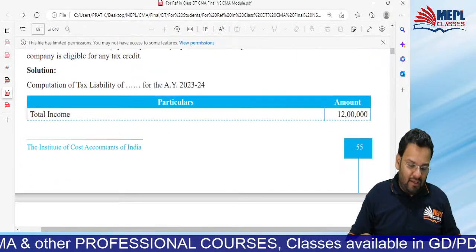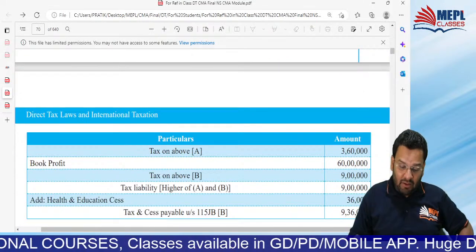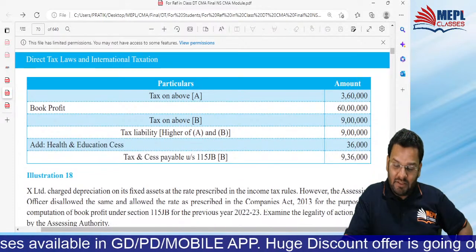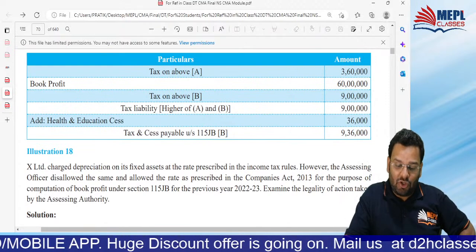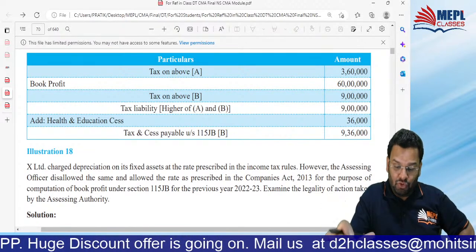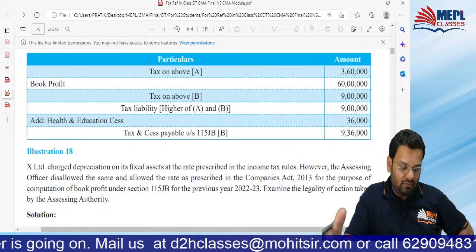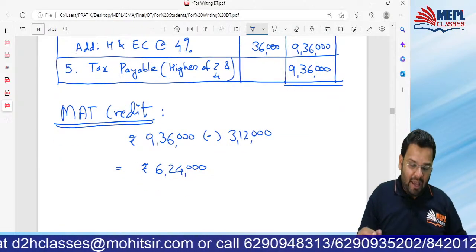And it will not tally with your module's answer because they have taken it at 30%, but that doesn't seem logical here. And they have not calculated cess on normal tax, but you should calculate. They have even not calculated MAT credit, but we have done it in detail as required.